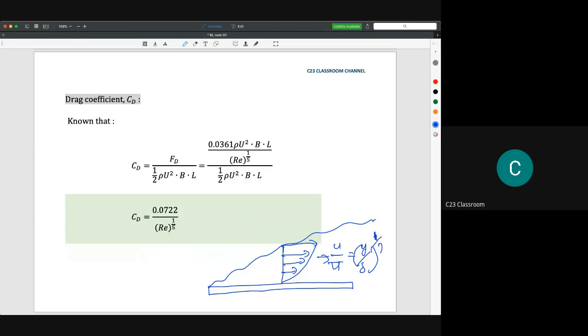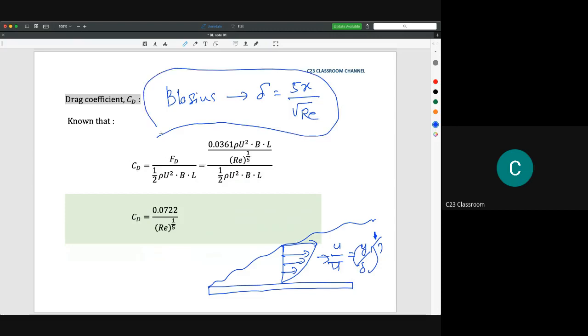So, as I said, Blasius: normally delta is equal to 5x over the square root of the Reynolds number, which is the representative equation for the laminar boundary layer. It means that if you don't have any velocity profile for the laminar boundary layer, it's okay for you to solve the problem by using this equation, or any equation that comes from Blasius: the delta, the theta, the CD, and so on.